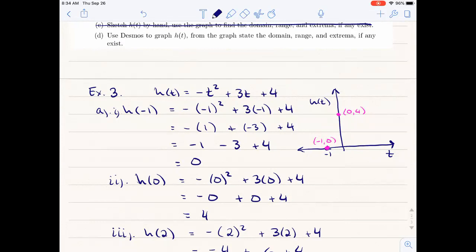So the t is squared, but there's no point of having negative t squared in brackets, because that would just be t squared. If I wanted negative t squared, I would have had to put brackets around there, which I don't.